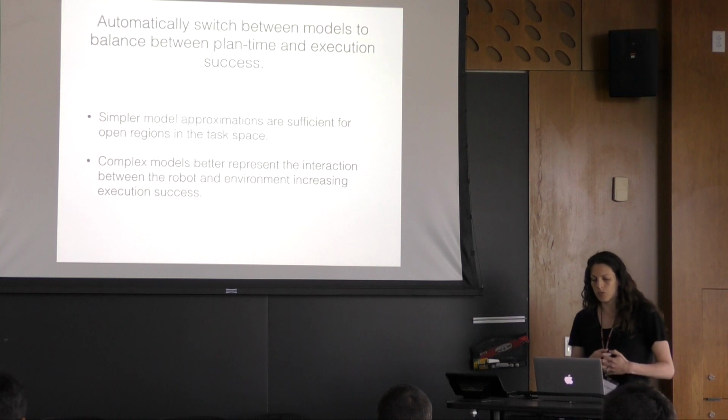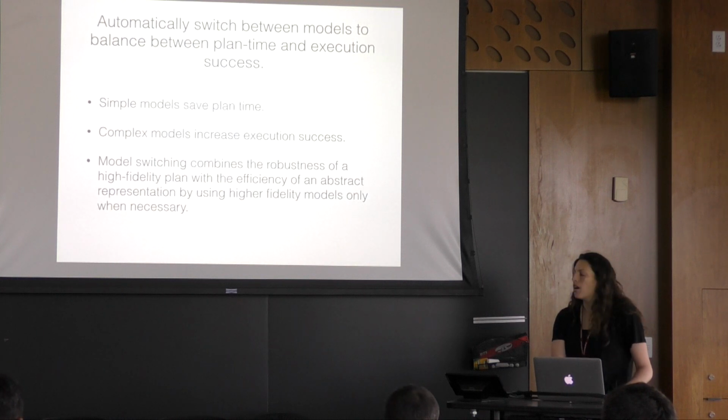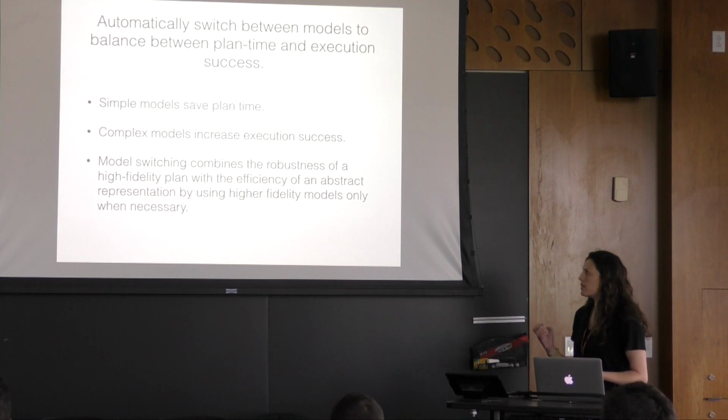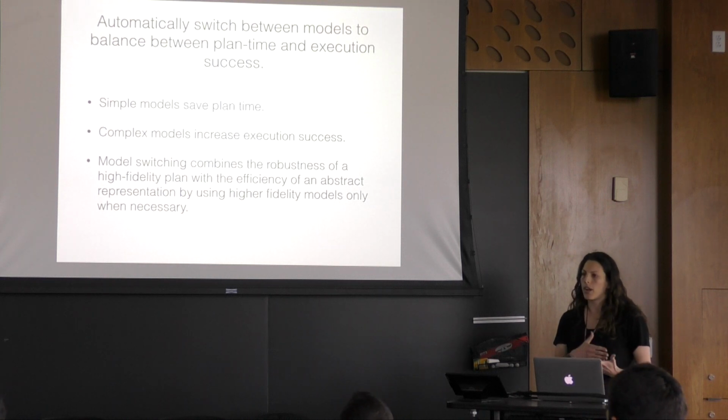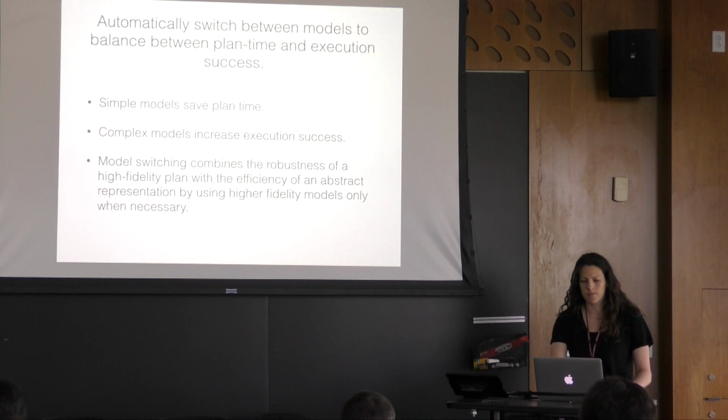But there are cases where you have complex locales where a more complicated model is important. More succinctly, simple models save plan time, and complex models give you execution robustness. By switching between them, you get the robustness of high fidelity plans, hopefully using these more focused models only when necessary, so that you're also saving on plan time.